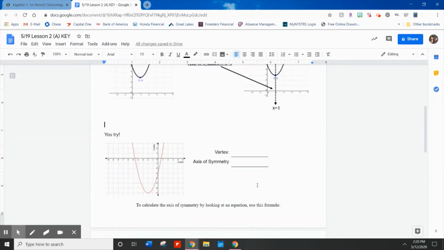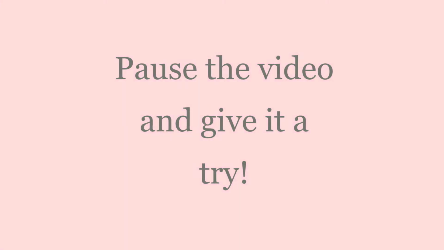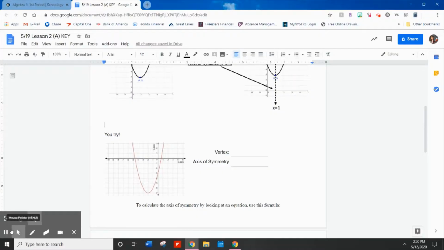Looking down below, it says you try. I want you to pause the video and give this a try yourself. Okay, check your work with my work. After we found the vertex, you really can just calculate the axis of symmetry by looking at the x-coordinate of the vertex.